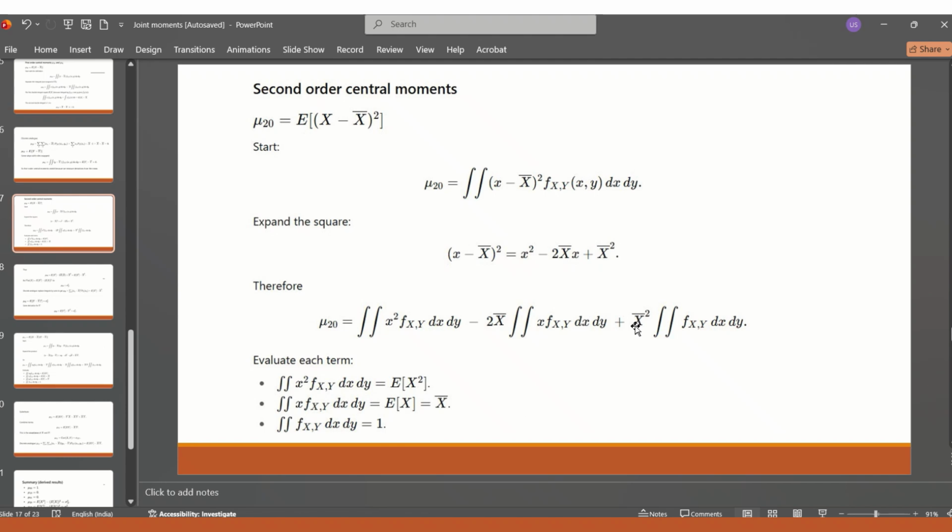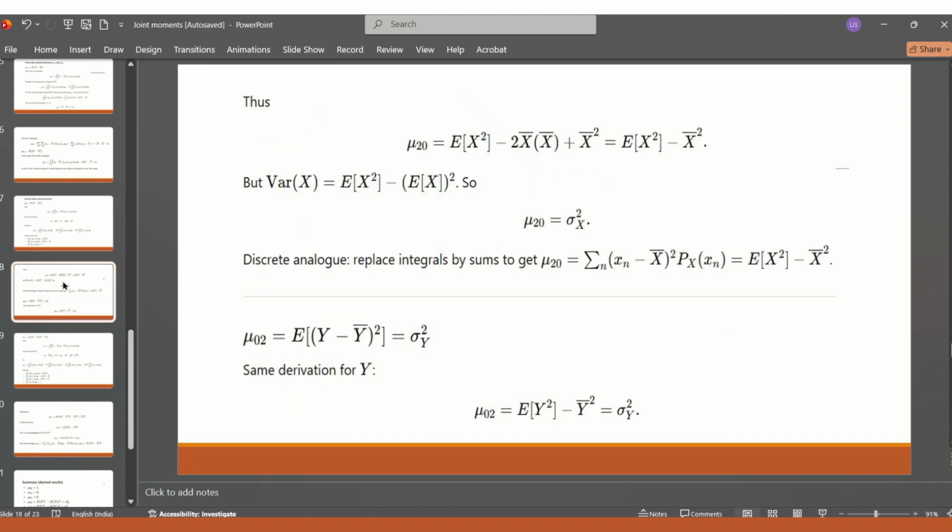The double integral of x square f x comma y of x comma y dx dy is equal to the expectation of x square. That we can write in the above equation like this. Mu 2 0 is equal to the expectation of x square minus 2 x bar into x bar plus x bar square.